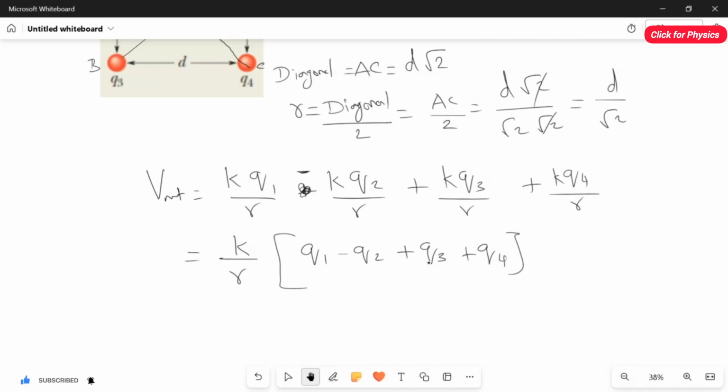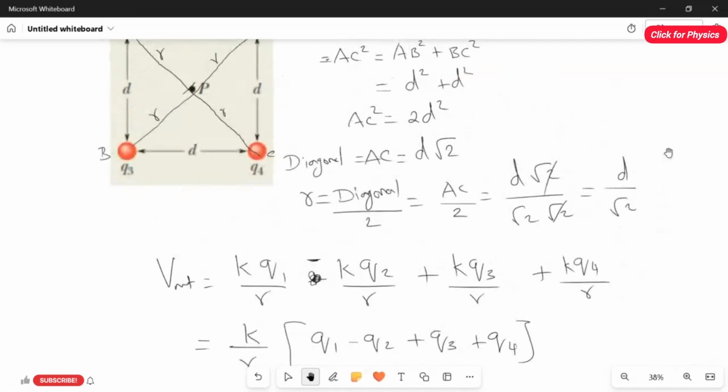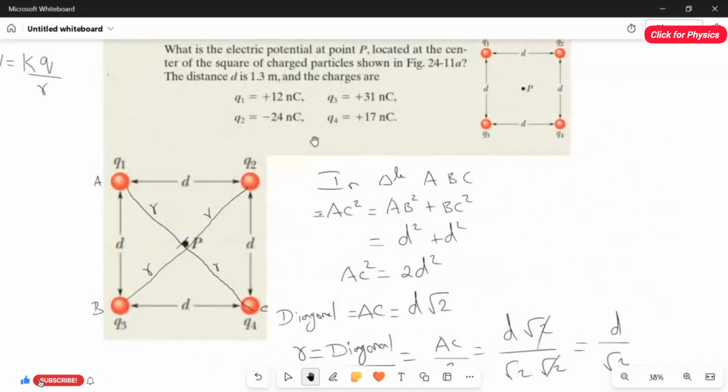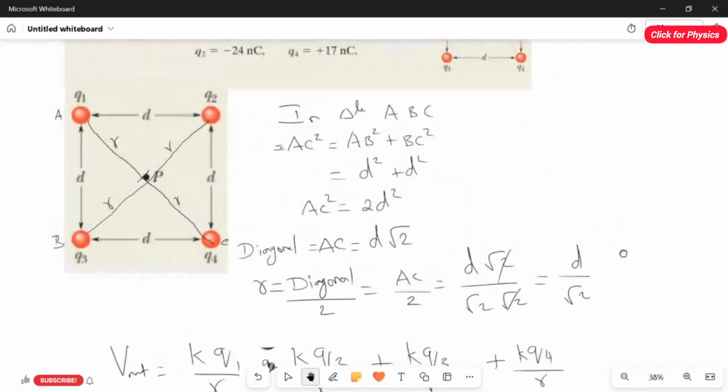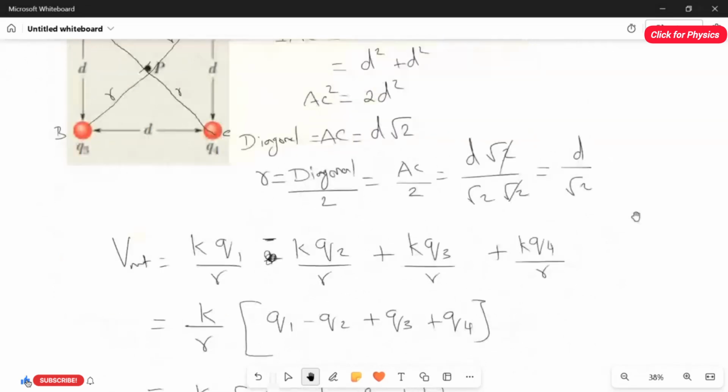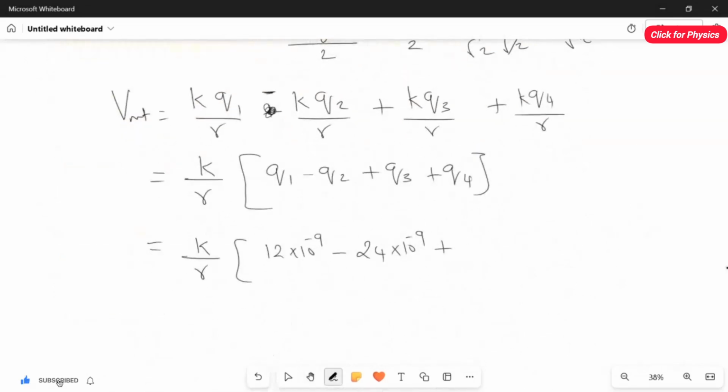Now let's substitute the values of Q1, Q2, Q3 and Q4. So K over R times 12 nanocoulomb, where nano stands for 10 to the power of minus 9, minus 24 times 10 to the power of minus 9, plus Q3 value 31 nanocoulomb and then 17 nanocoulomb.